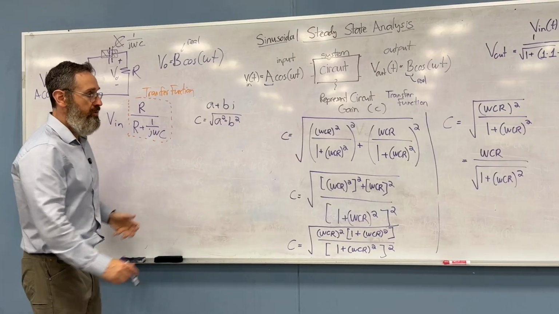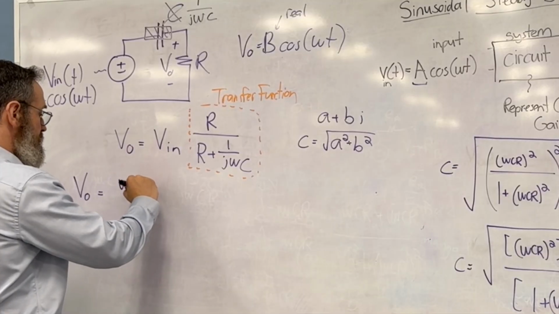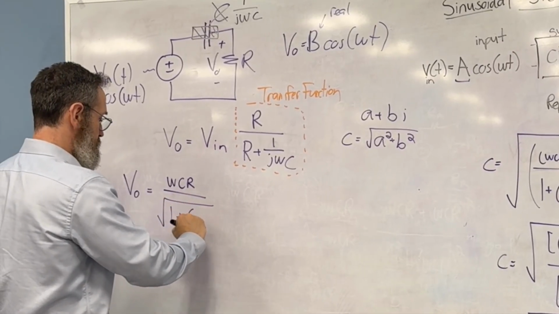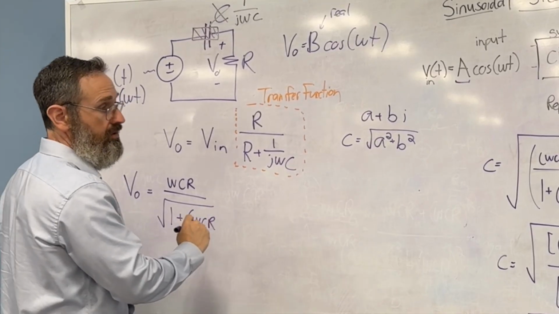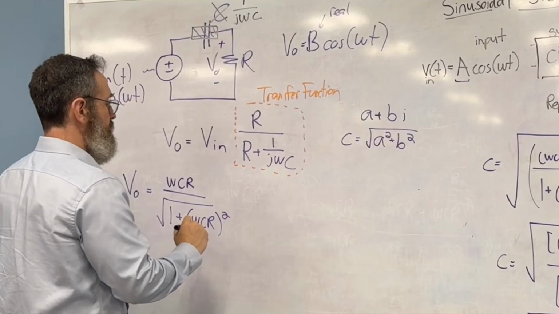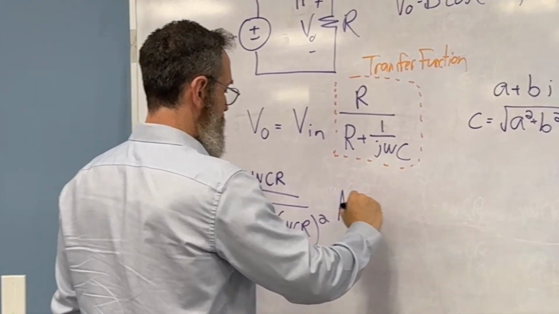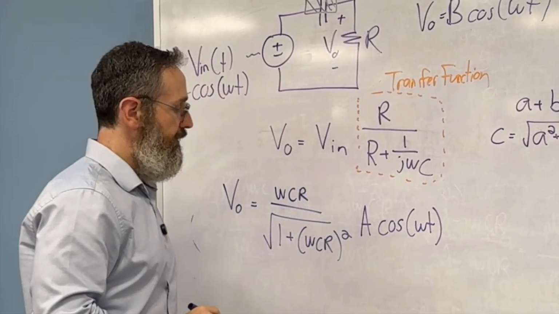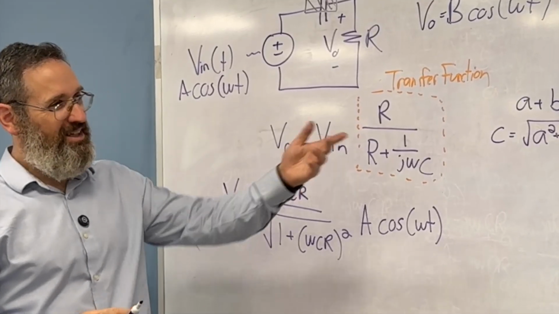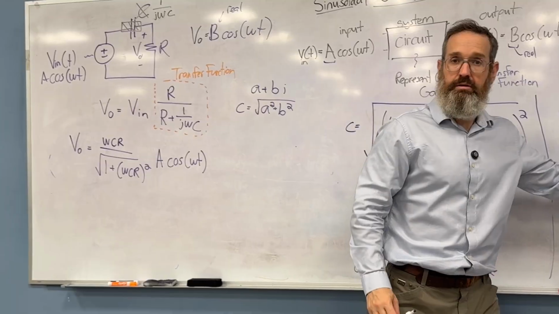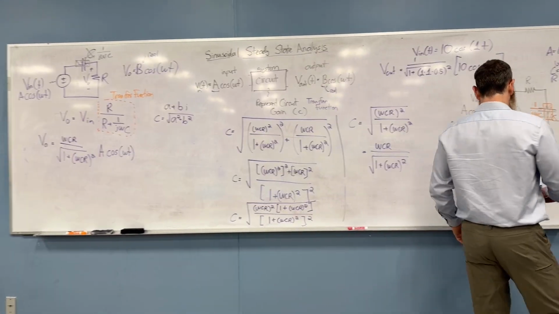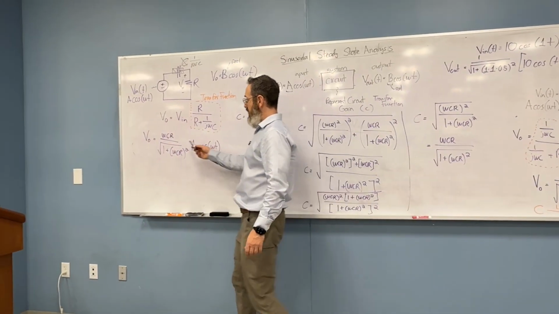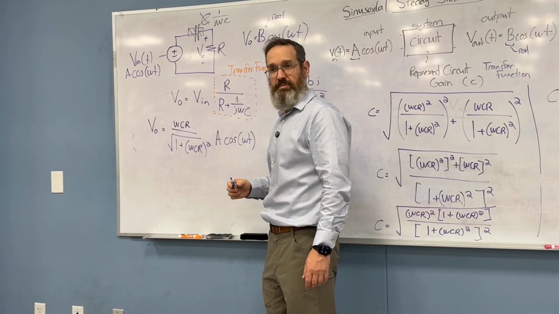It's been transformed, so that's going to be WCR over the square root of 1 plus WCR squared times the input, which is A cosine of WT. It's like what we did before, and we just went through it again. Now, in this case, this is the result, and in this case, this is the result, and they're different because it's a different circuit.